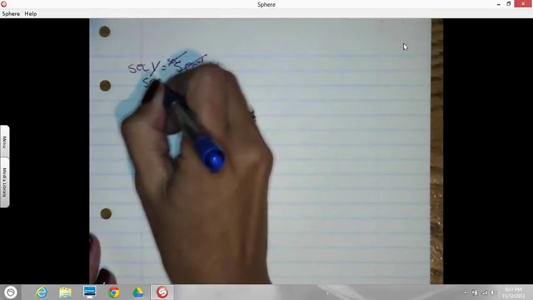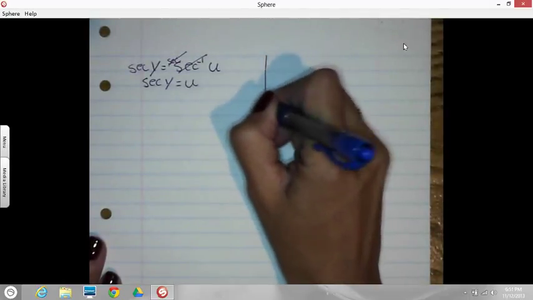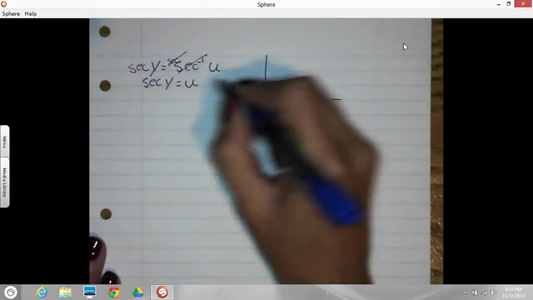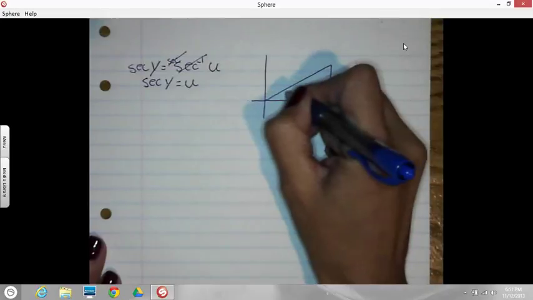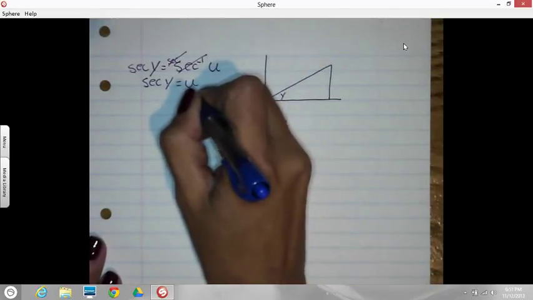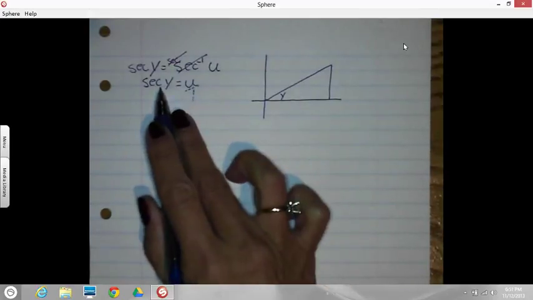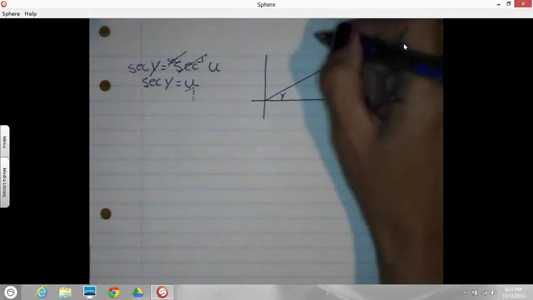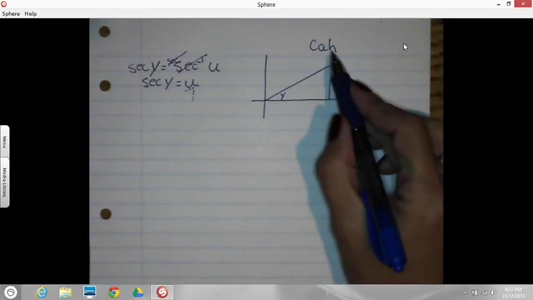Now sketch your triangle. The angle is y. That is a ratio if you put a 1 underneath it. And secant is cosine flipped over. Cosine is adjacent over hypotenuse. So secant is going to be hypotenuse over adjacent. So the hypotenuse is the u.